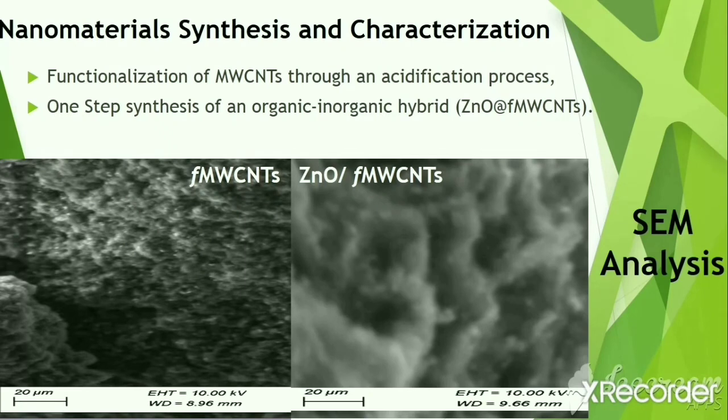In this work, we have successfully synthesized a new organic-inorganic hybrid based on treated carbon nanotubes. The treatment of the carbon nanotubes passed through an acidification process using nitric acid and sulfuric acid. To check and evaluate the morphology of the nanohybrid, scanning electron microscopy analysis was performed. As you see on the left of the screen here, the carbon nanotubes have a well-displaced porous surface due to the acidification process, of course.